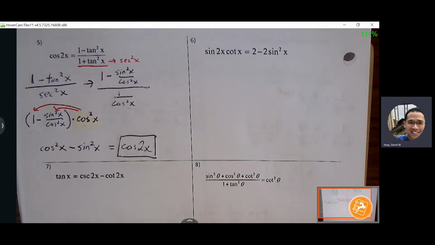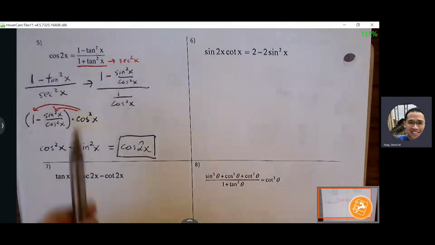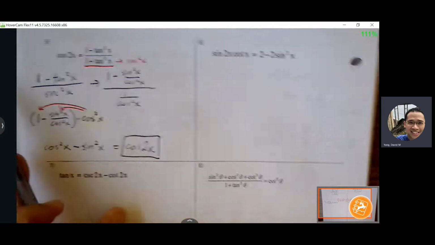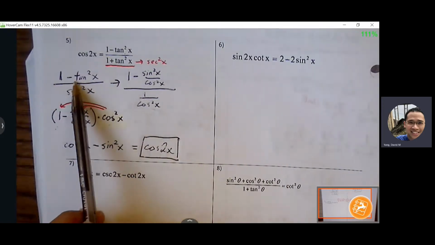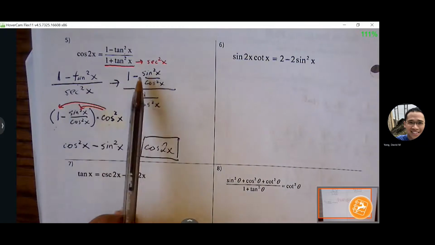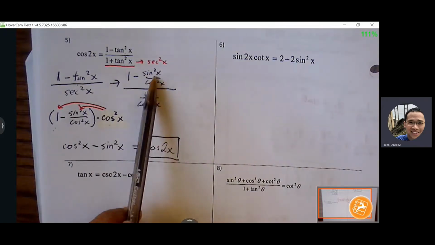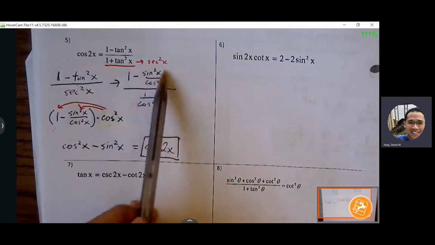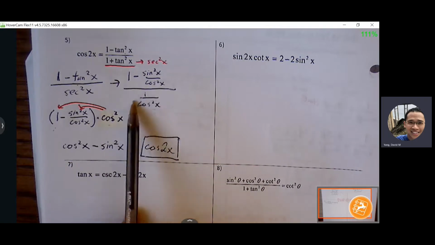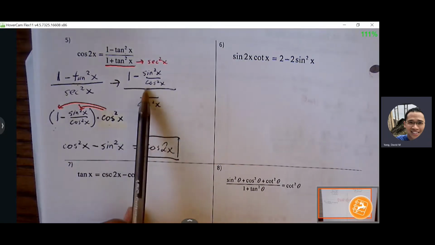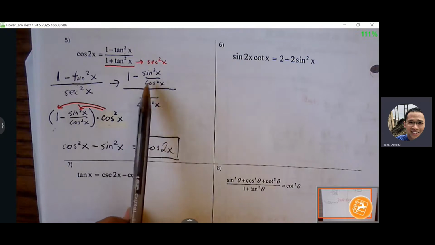Mm-hmm. How did you go from, like, there? Oh, from here to here? Yeah. So I know that tangent is the same thing as what? Sine over cosine. Yeah. Okay. So now I have this over this. I guess I could have found a common denominator, but what I did was I just multiplied.